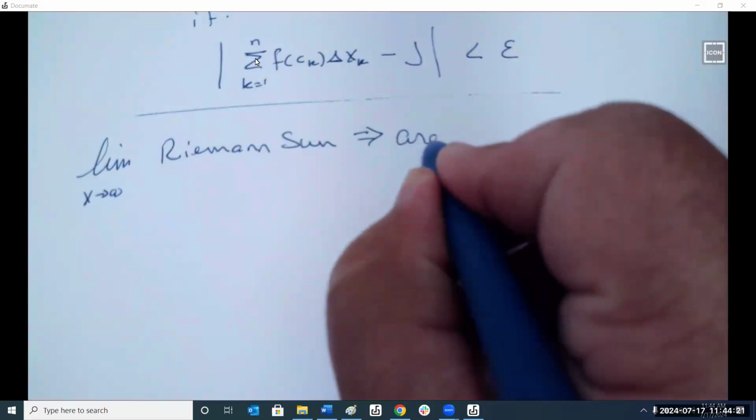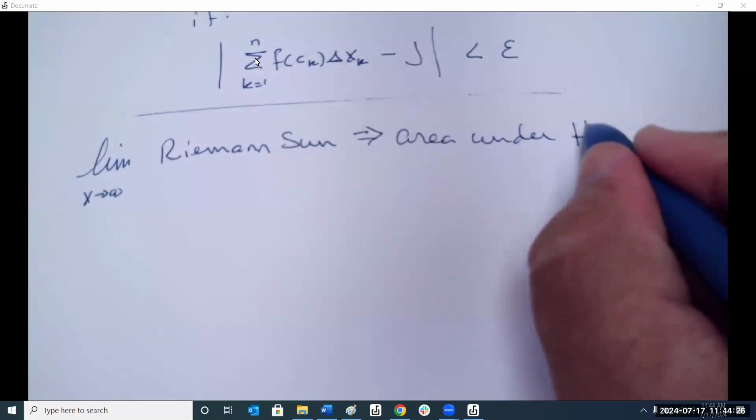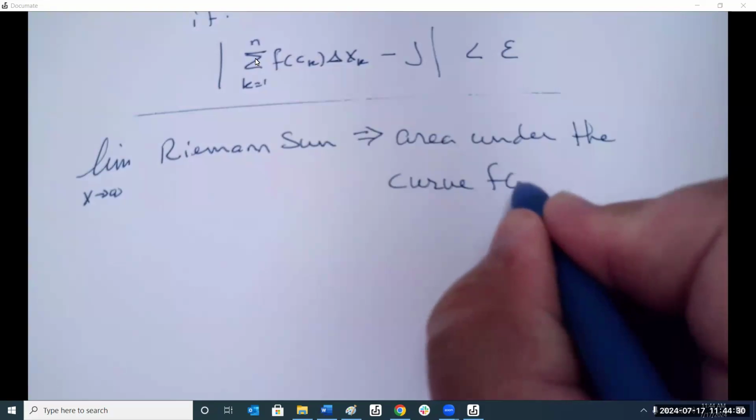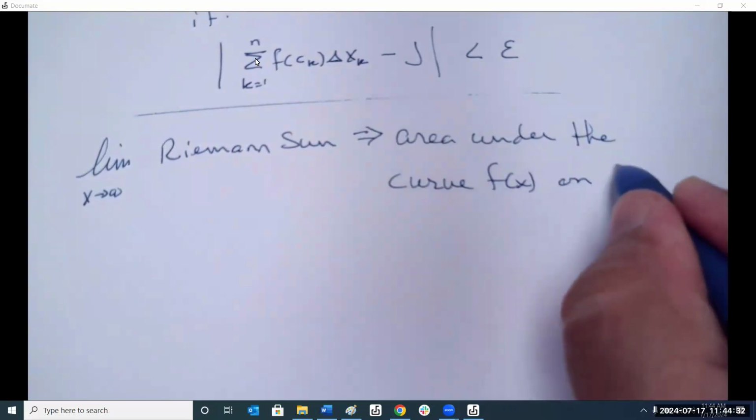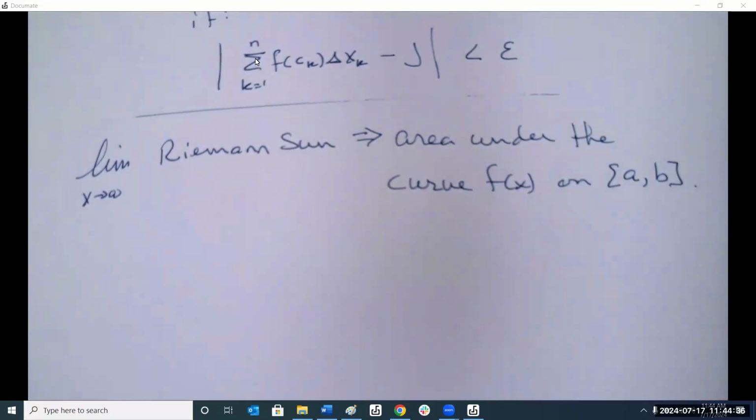Right, it finds the area under the curve f of x on some closed interval. Okay, you have to put it through your heads. Whenever we talk about integrals, we talk about areas under a curve. When we talk about derivatives, we talk about slopes of a curve at a given point.